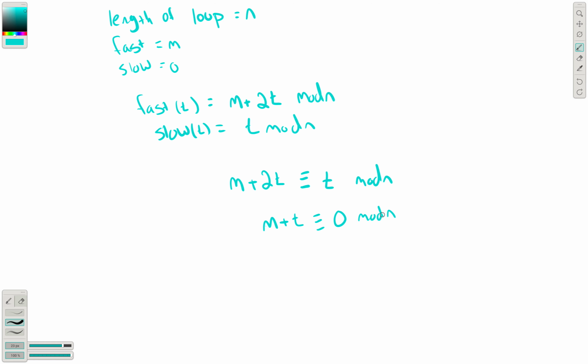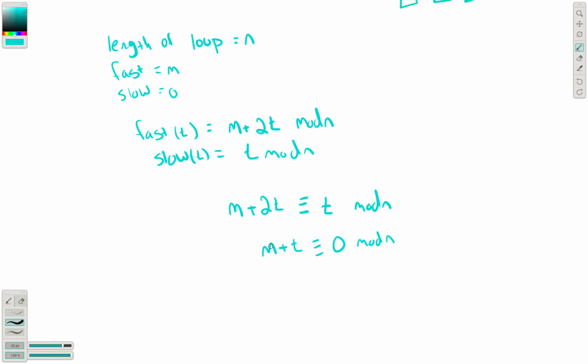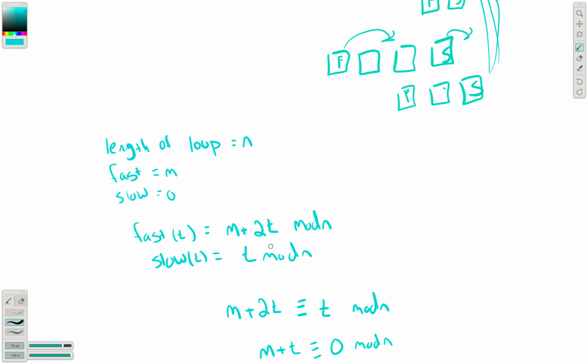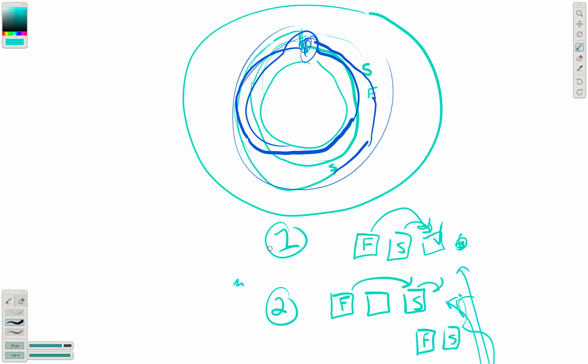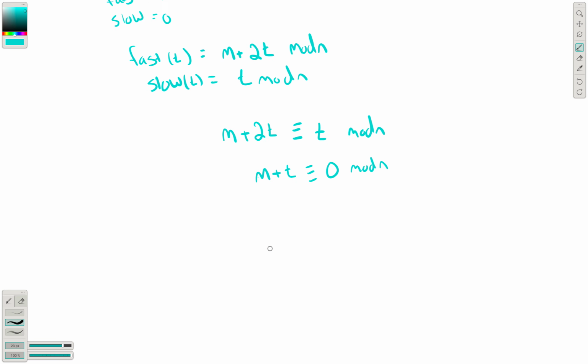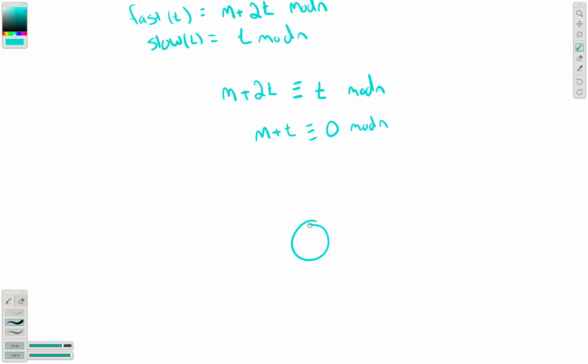So basically m was a constant, and so m is wherever the faster guy started. Let's draw a new circle. So we have this new cave. So m is wherever the starting point is going to be here. This is 0, and let's say faster guy started here.